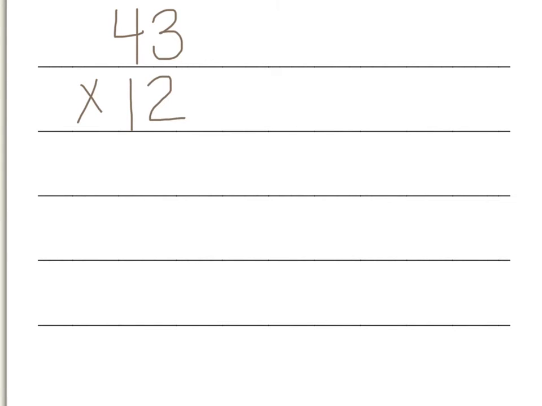Now I'm going to go in the ones place first, and so I'm going to transfer colors here, and just so you can see it, 2 times 3 is 6. 2 times 4 is 8. Now I'm going to move to the tens place. Permission to move to the tens place is granted only when I have a 0 in the ones place.